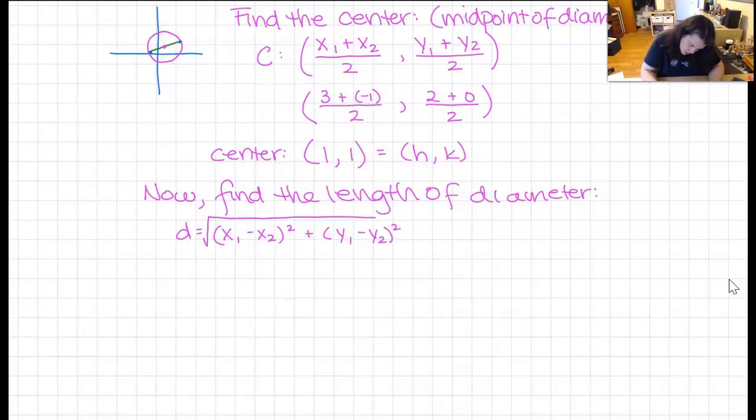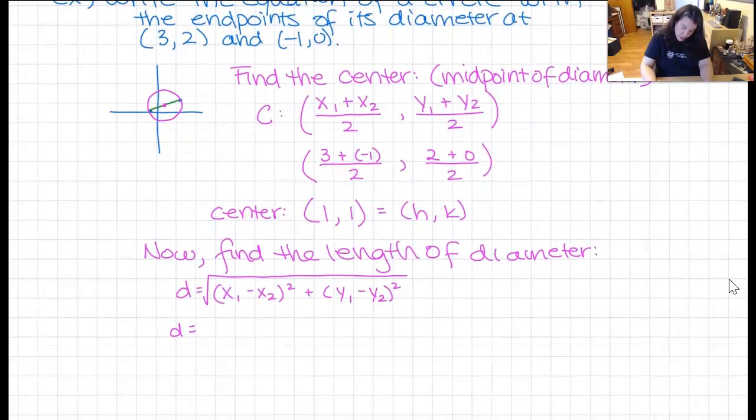Remember, it comes from the Pythagorean theorem. And you may be going, well, wait, I thought it was x2 minus x1 and y2 minus y1, and it doesn't matter as long as you're consistent, because it's all up to you which one is x1 and which one is x2. Okay, so the distance then, let me scroll this down so I can see my points.